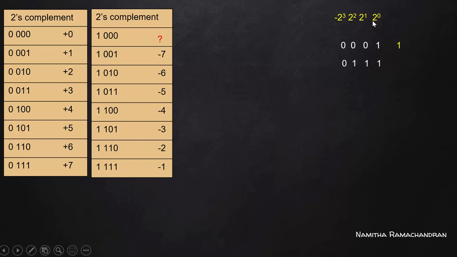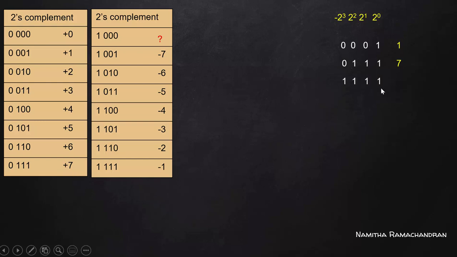Here 1 into 2 to the power 0, which is 1; 2 to the power 1 is 2; 2 square is 4; minus 2 cube is minus 8. So 1 into 1 plus 1 into 2 plus 1 into 4 plus 0 into minus 8 is 0. 0 plus 4 plus 2 plus 1 is 7. The value of this binary number in 2's complemented form is positive 7.